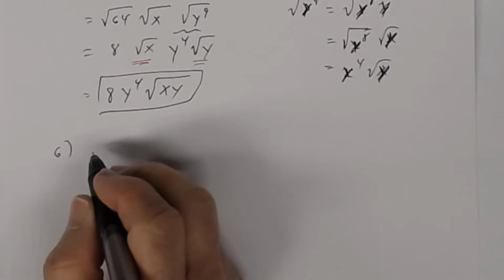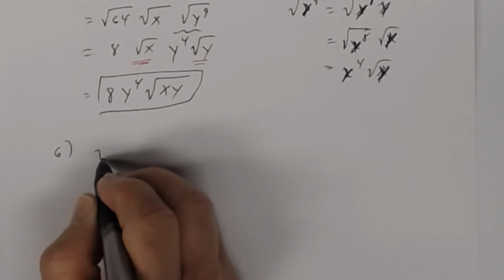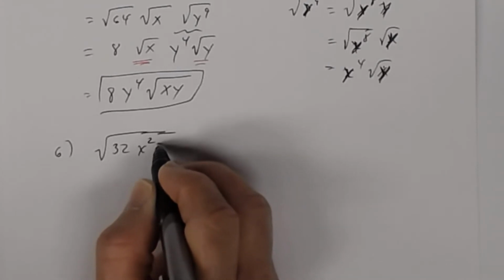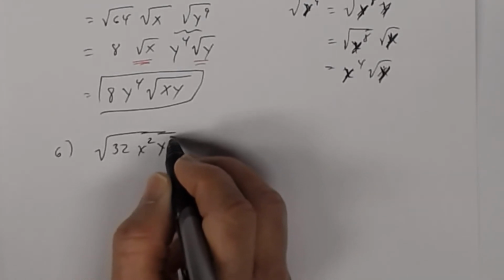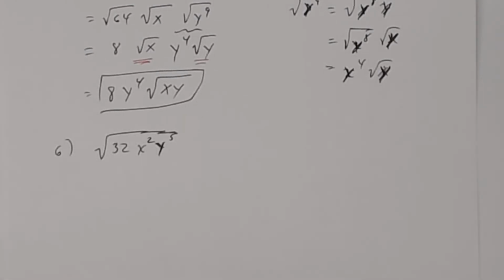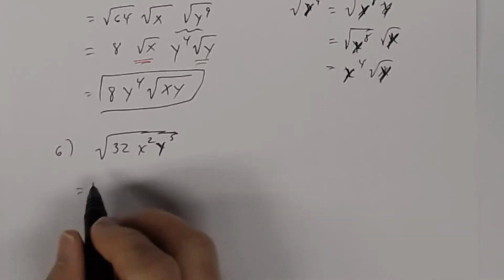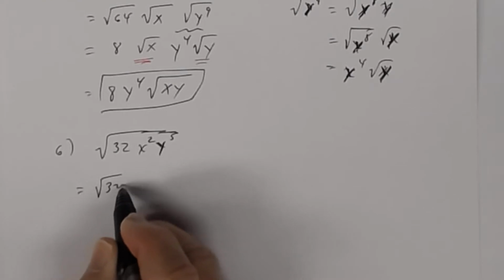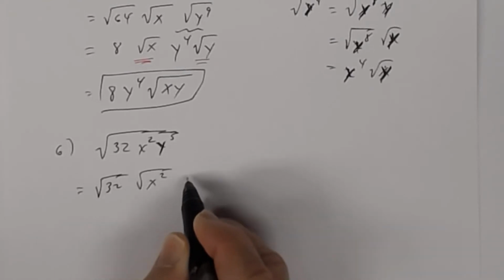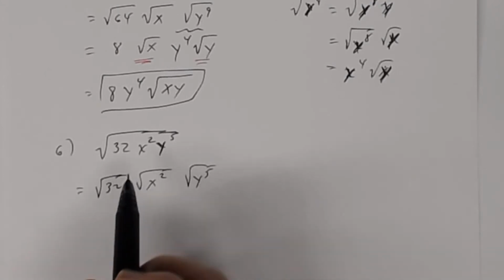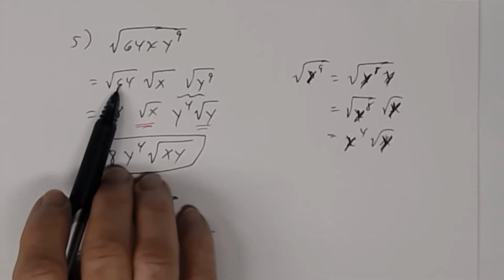Number 6, we have the square root of 32, x squared, y to the 5th. So the square root of 32, x squared, y to the 5th. Again, using the product property, it helps to rewrite it this way. The square root of 32, square root of x squared, square root of y to the 5th. Okay? All right, now, remember, the square root of 64 is a perfect square.